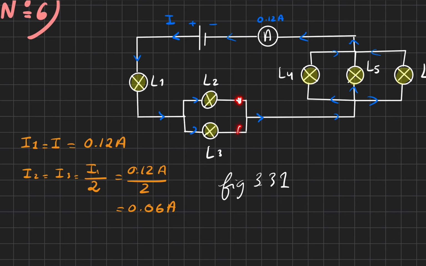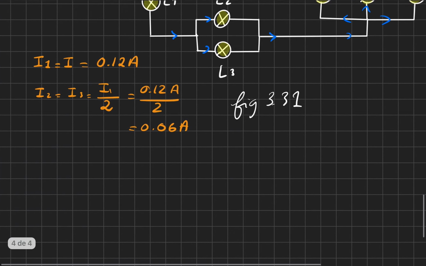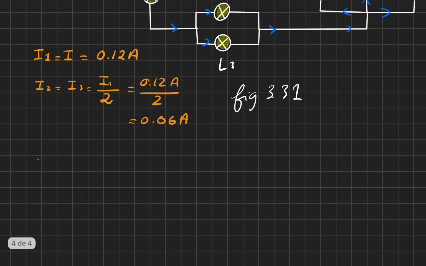Okay, now the current recollected here is 0.06 plus 0.06, which is again 0.12 ampere. Again, the current here is going to divide into 3. So instead of dividing by 2, we're going to divide by 3. And we have 3 identical currents because we have 3 identical lamps.